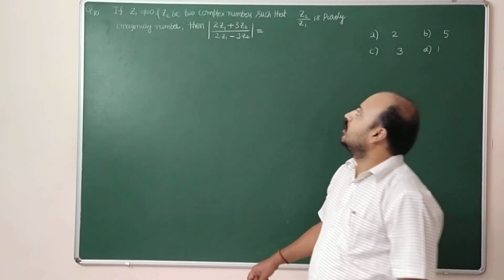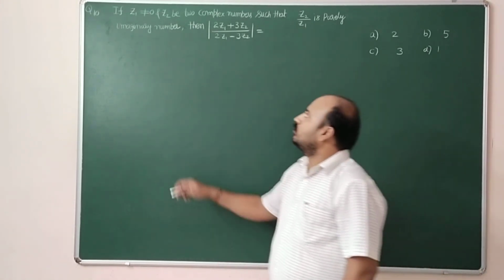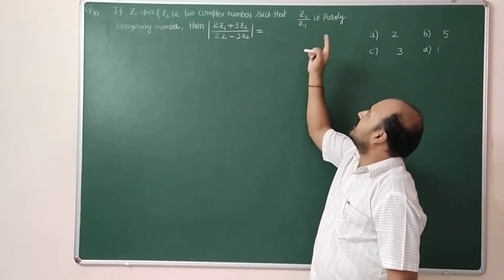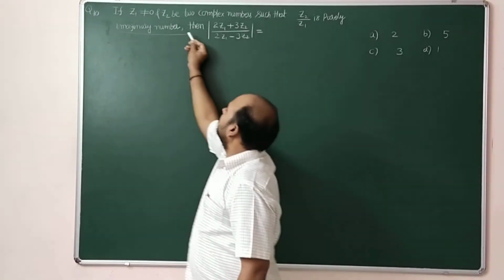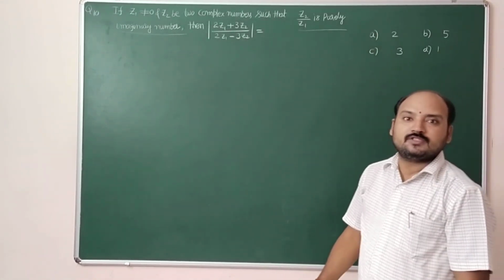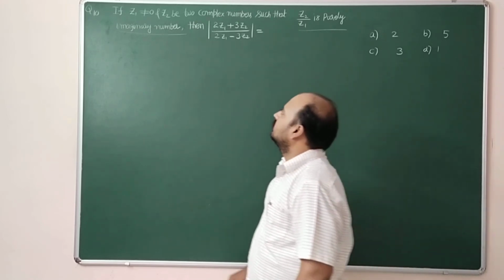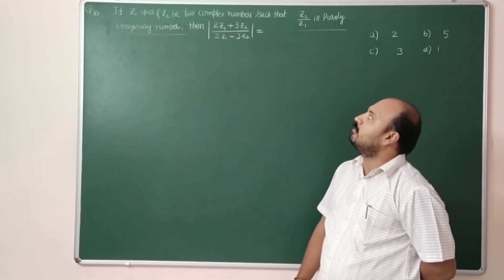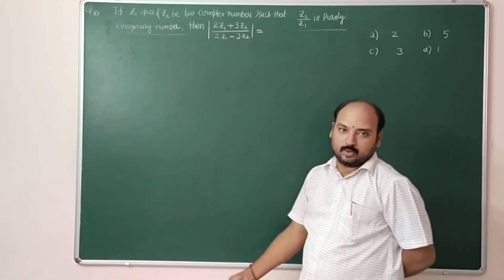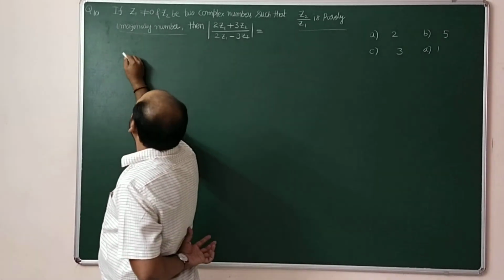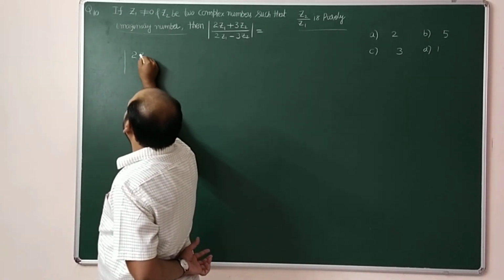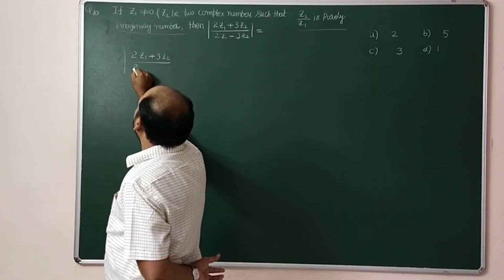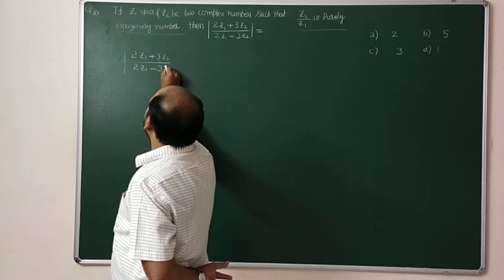The next question: if z1 is not equal to 0, and z2 are two complex numbers such that z2 by z1 is purely imaginary number, then mod of 2z1 plus 3z2 whole divided by 2z1 minus 3z2 equal to.